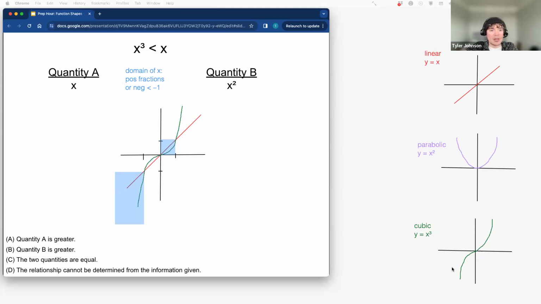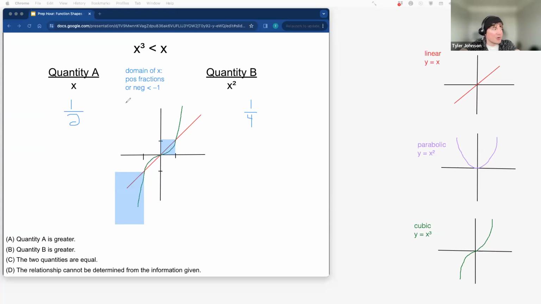So now that I'm clear on what x could potentially be, I can look at my two quantities and compare. What would x as a positive fraction be? If I just pick 1/2, then 1/2 squared would be 1/4.